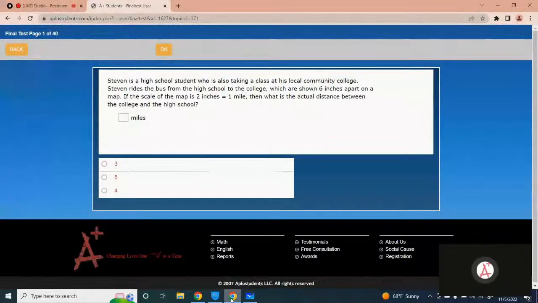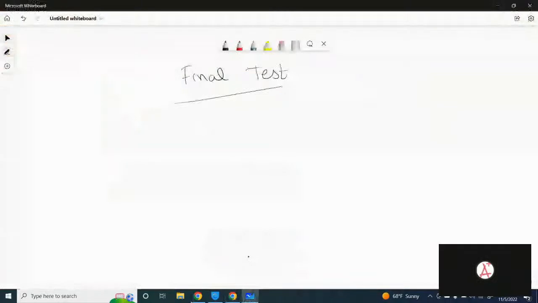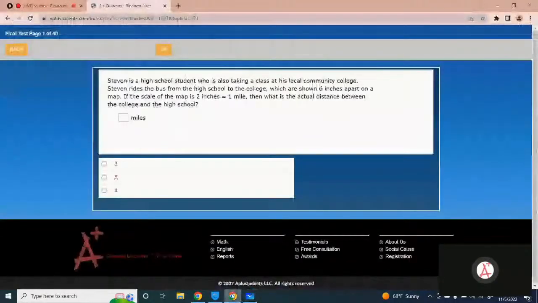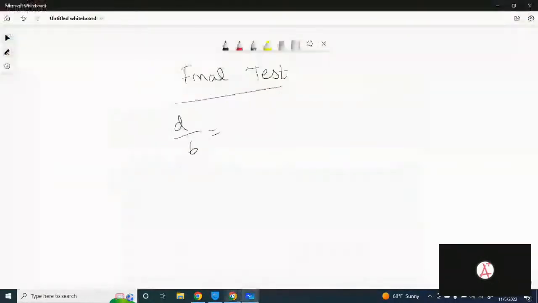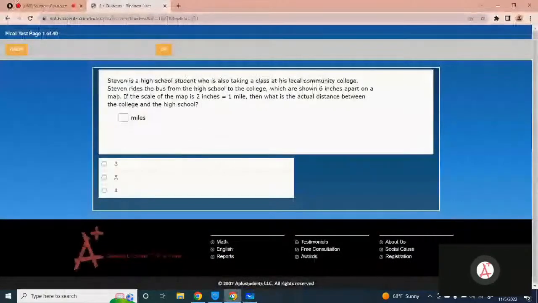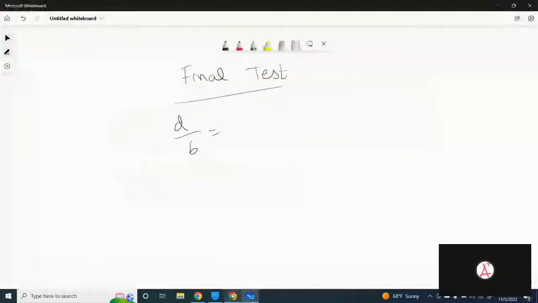So you have to find the actual distance. Got it? So you need to do d divided by 6, and then that equals 2 inches to 1 mile. You can write it as 1/2 because I have written the inches in the denominator.